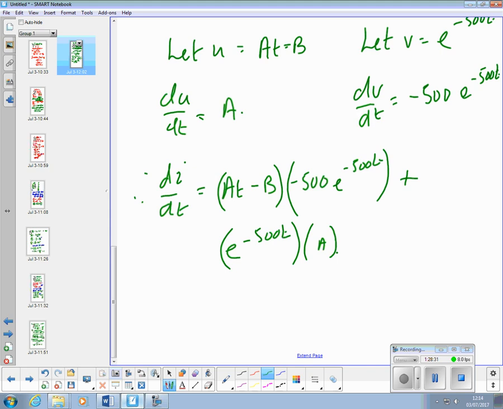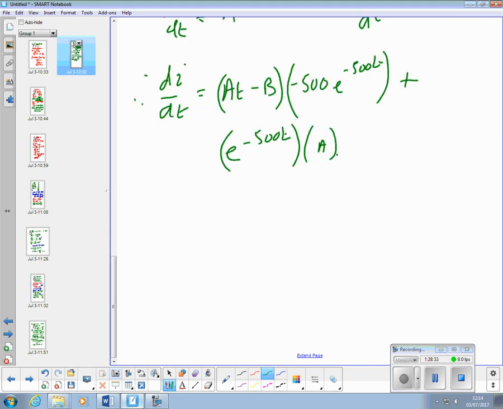We'll get that. And then in the question it says, when t equals nothing, di by dt equals 200.